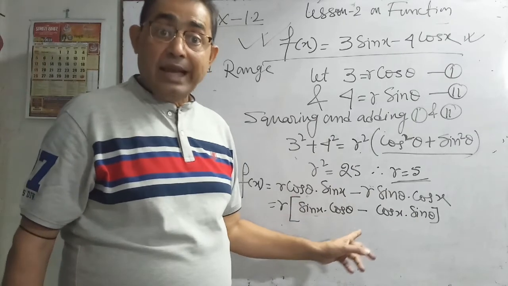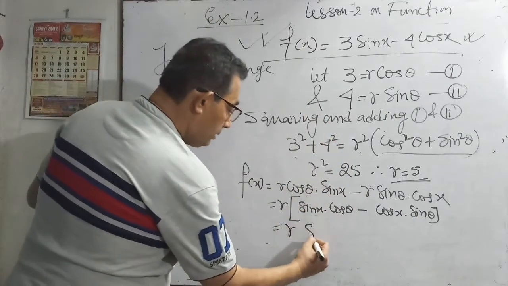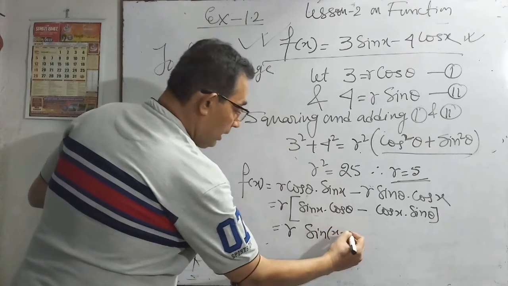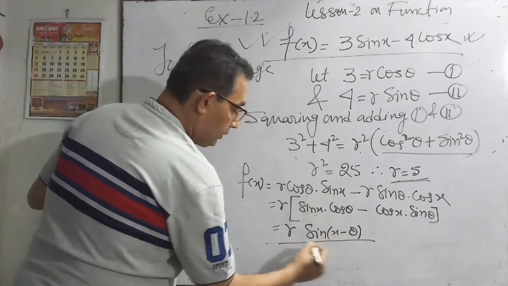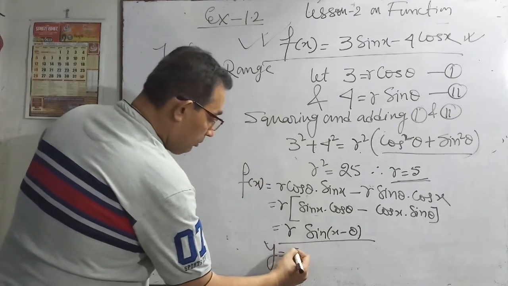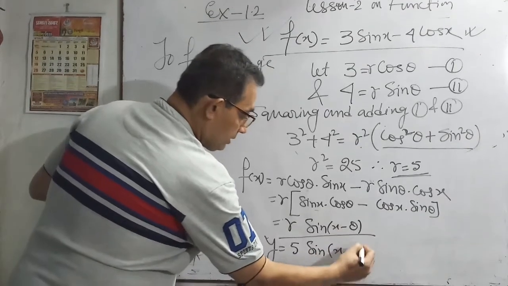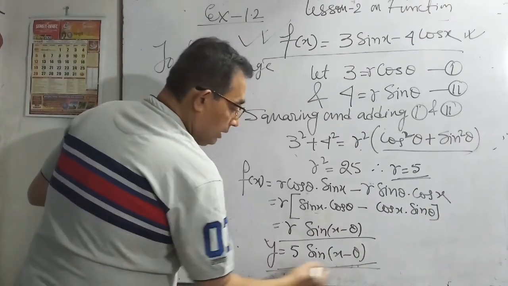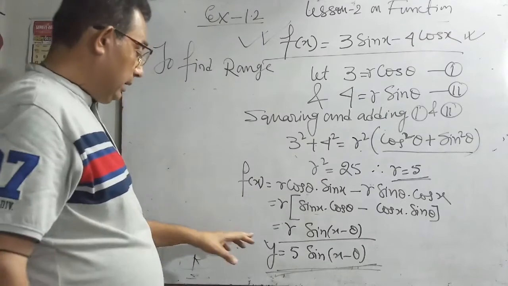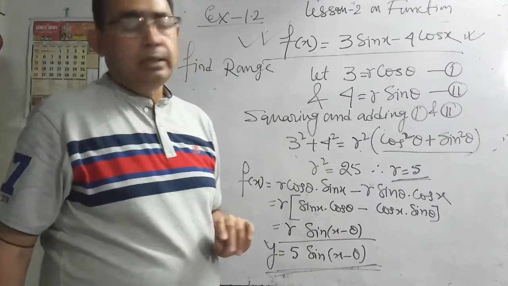This formula is sin(A minus B). So r sin(x minus theta). That means f(x), y, equals 5 sin(x minus theta). Is it clear?